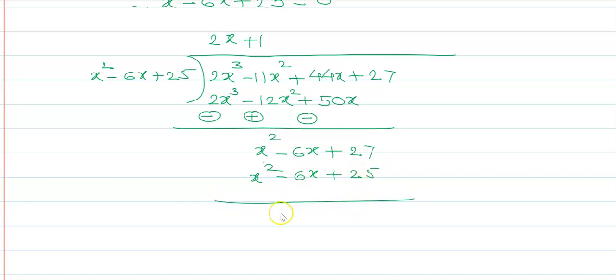Again in the division we are changing the sign. Here is a plus x square, but that's a sign काय? A minus. Minus 6x, here is a plus 6x. Plus 25, minus 25. Now these get cancelled. 27 minus 25, the remainder is 7.